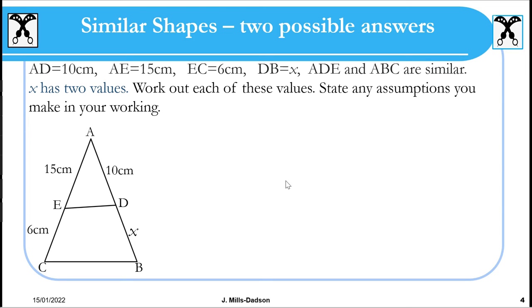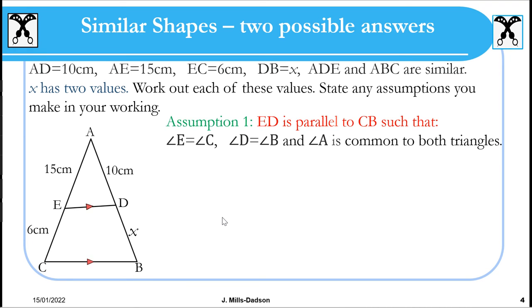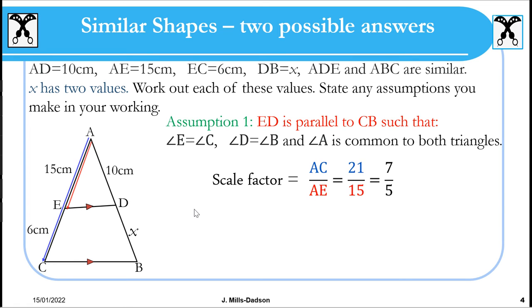So we start first with the assumption that ED is parallel to CB. And therefore, we need to work out our scale factor. If that is the case, we can divide AC by AE. AC is 15 plus 6. So our scale factor will be 21/15, simplified as 7/5. So if we want to find x, we can work out full AB and take 10 from our answer.